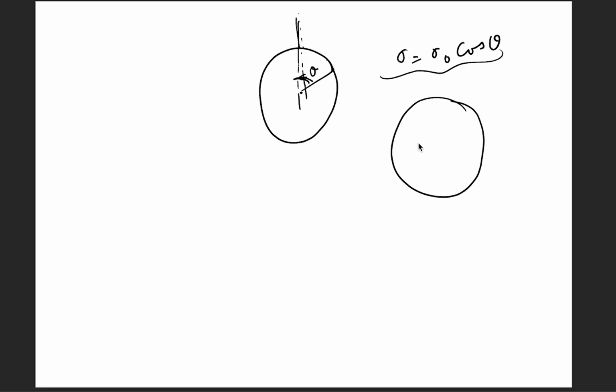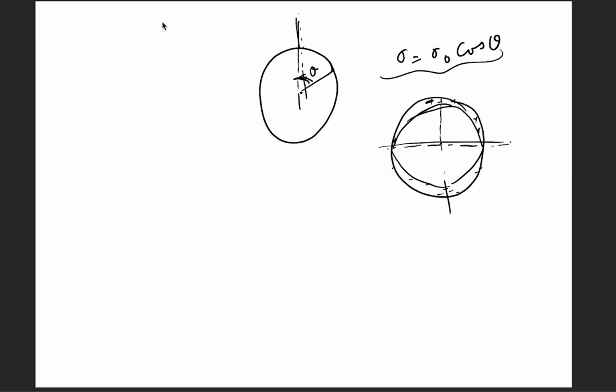This is the center. Maximum will be here and minimum, 0, will be here. Maximum positive charge will be here, and similarly in the opposite direction, negative charge will be maximum, and it will be 0 on this axis. So this is how it will appear.